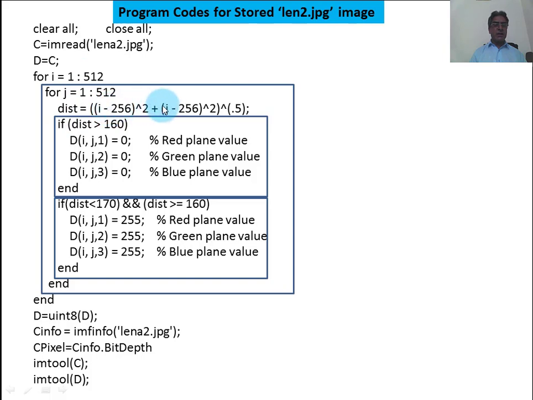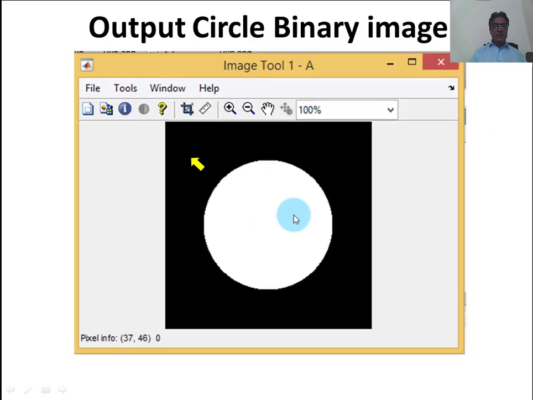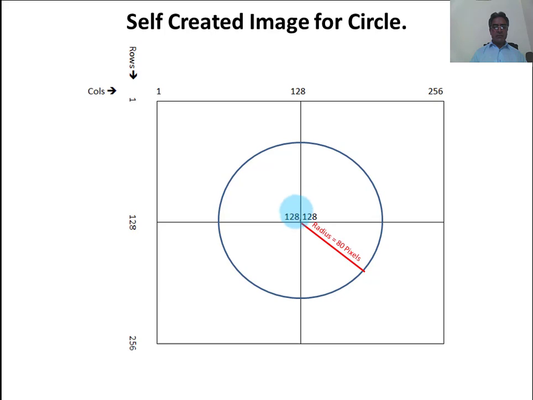This is the same formula as we discussed in our previous program, but here the center is 256. In this image the center is 256 and 256, while in the previous image the center was 128 and 128.